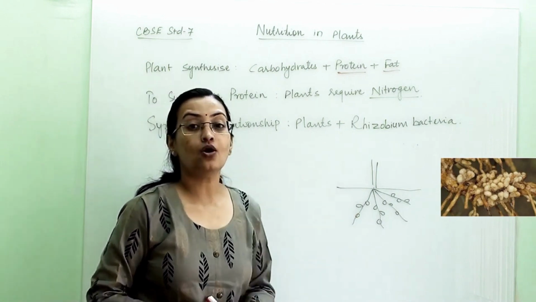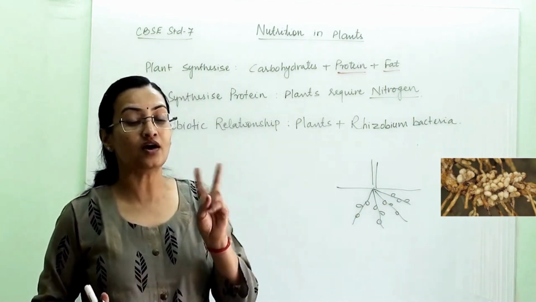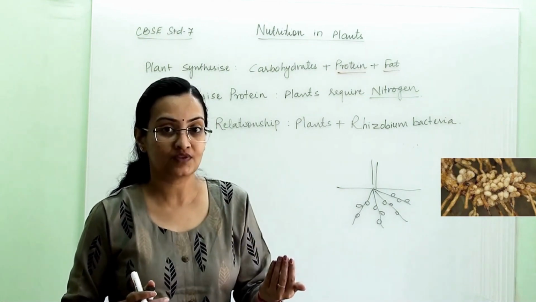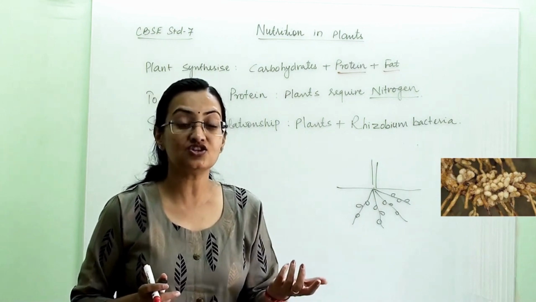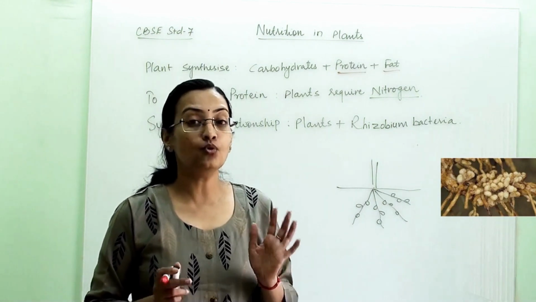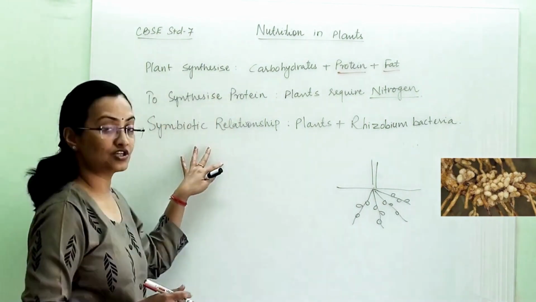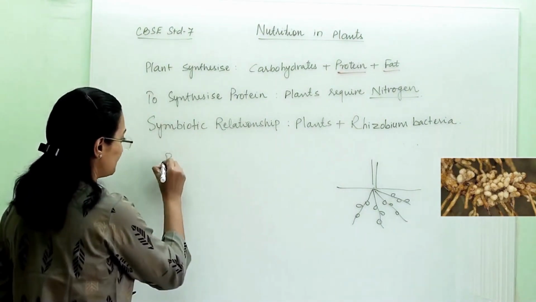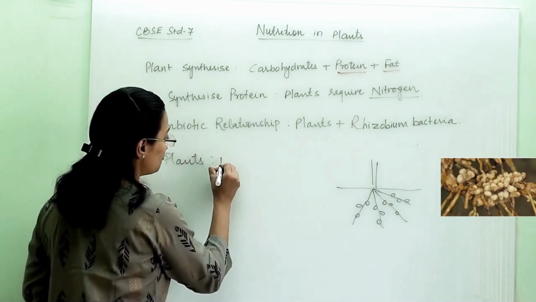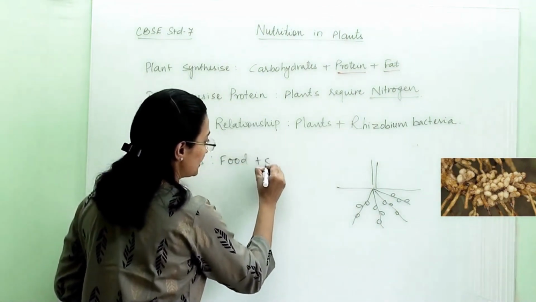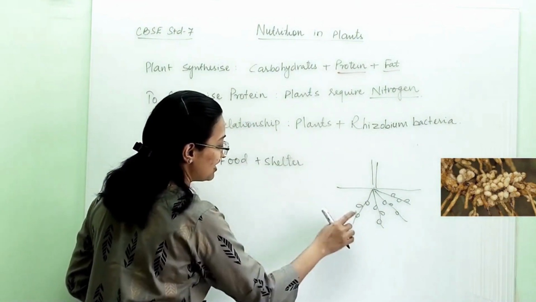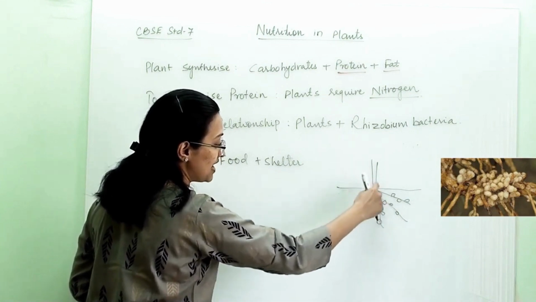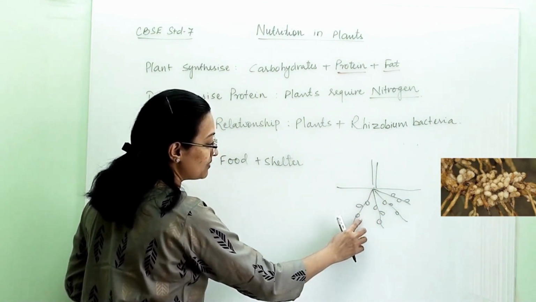Now, what is the meaning of symbiotic relationship? When two organisms are living together, and it is beneficial for both. Both are in turn giving each other something, and they both will survive, and that relationship is known as symbiotic relationship. When we are talking here about plants, then plants will give food and shelter, that they will allow this bacteria to stay in their roots, and whatever food this plant is making, that will be taken up by this bacteria.